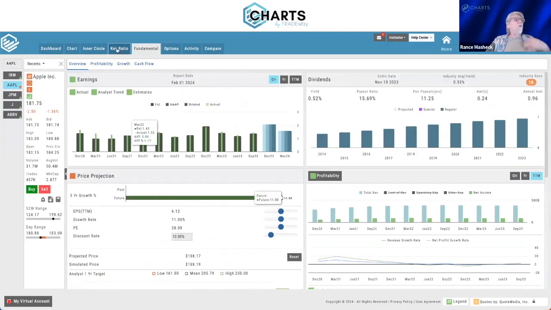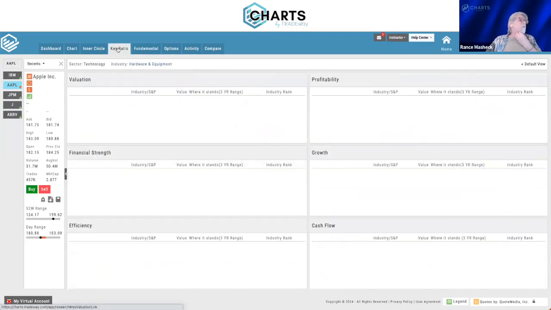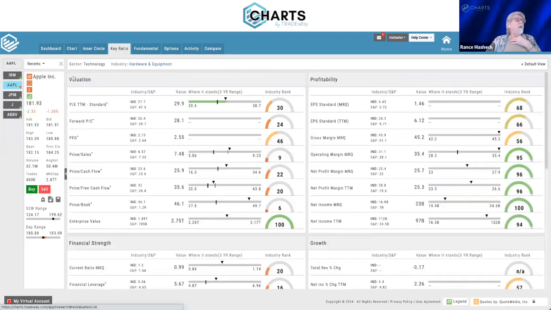Along with that same line, the other thing we did was we really expanded what was valuation. We changed the tab here to key ratios, because valuation was these metrics: your PE, your PEG ratio, price to book, price to sales, and so on.